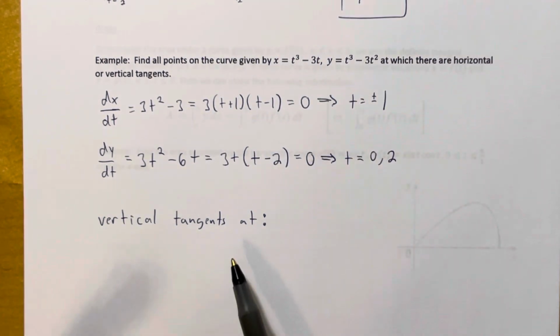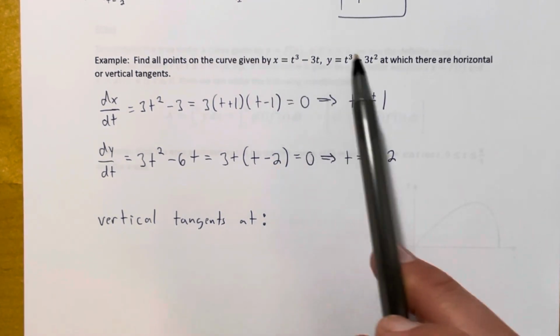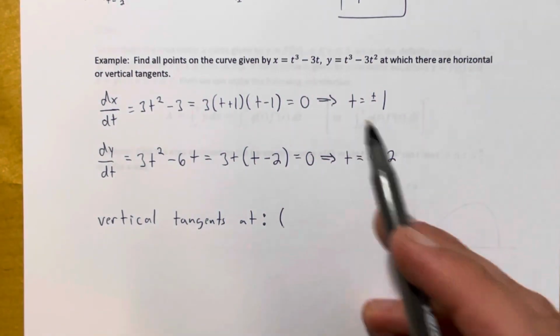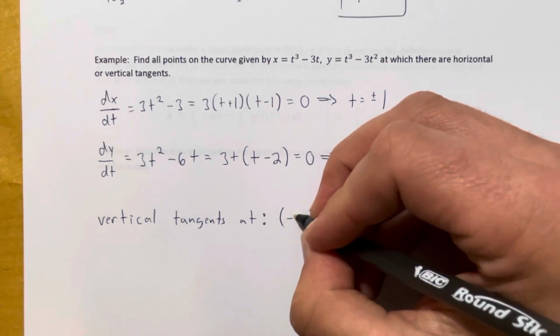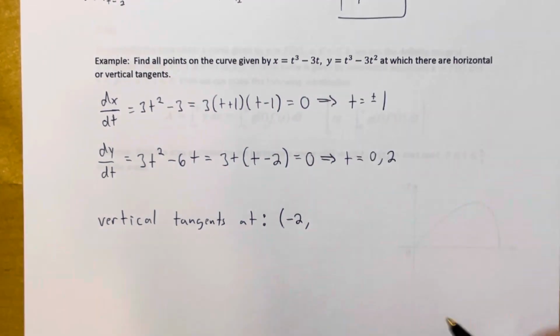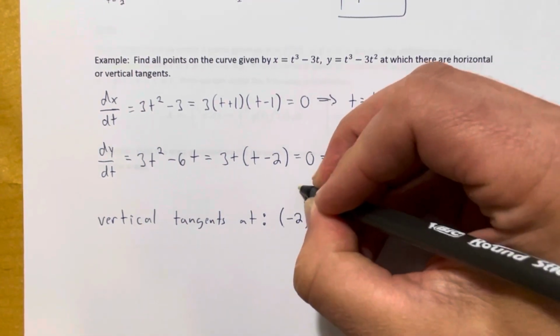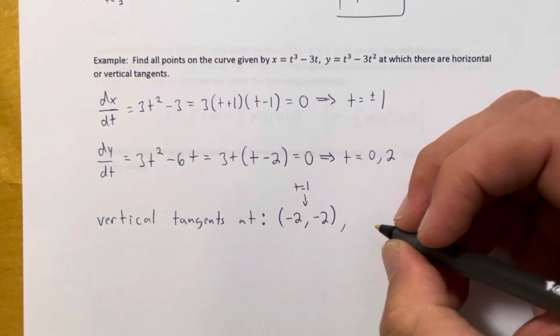So to get the points where these occur, I have to take these parameter values and plug them into my original parametric equations. So let's see. If I plug t equals 1 into these, I'm going to get 1 minus 3, which is -2. That's my x. And if I plug it in here, I'm going to get 1 minus 3 again, which is -2. So that corresponds to when t was equal to 1. I have a vertical tangent at (-2, -2).